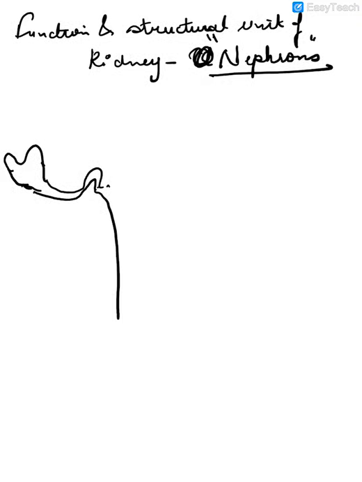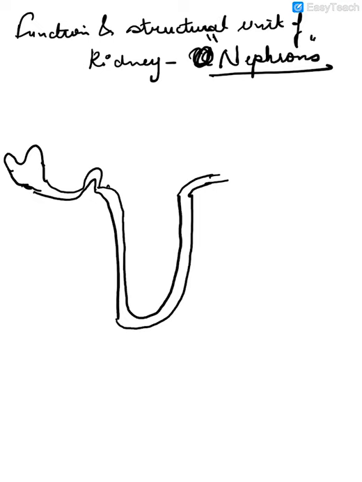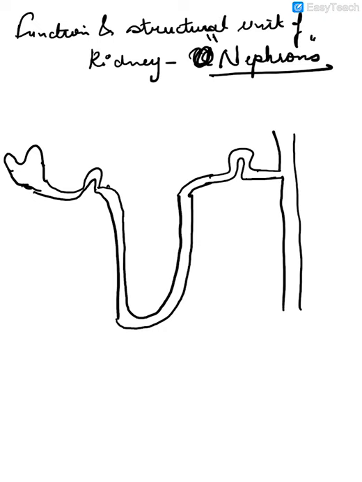First, let me draw the diagram of nephron. Now, nephron consists of a cup-shaped structure which is known as Bowman capsule.